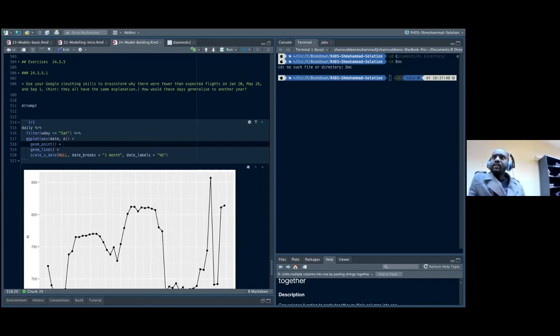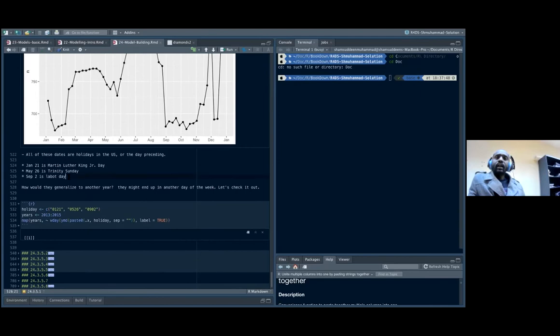So the question is basically, why were there fewer flights on those days? I didn't use Google anyway. Here's what it says: all these days are holidays in the US.